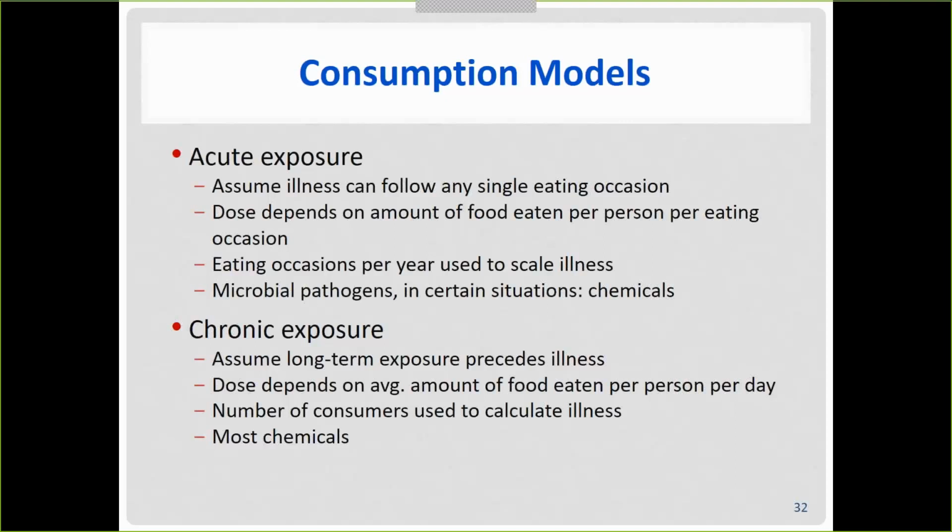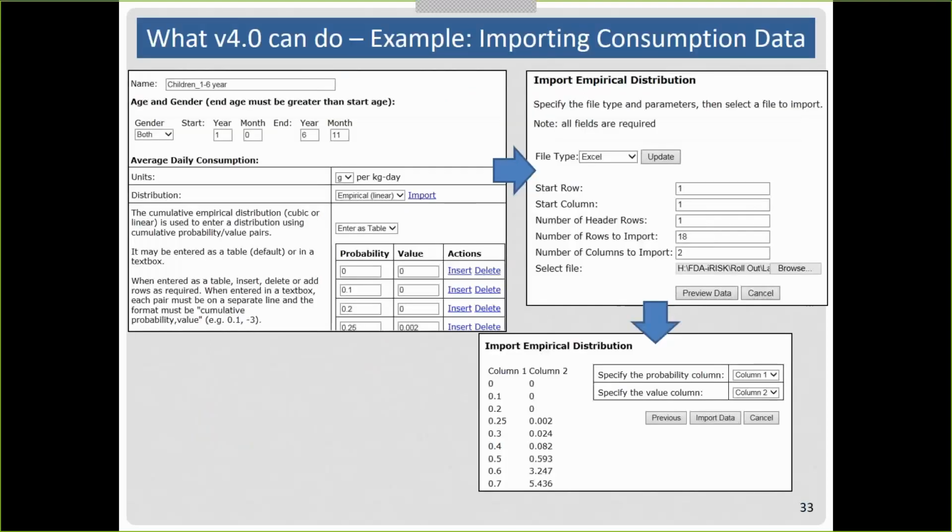And we can get such a distribution from analysis of consumption database, such as the NHANES, What We Eat in America, and upload the data into FDA-iRISK. And I have an example here for consumption definition in a chronic exposure situation. The life stage is 1 to 7 years.